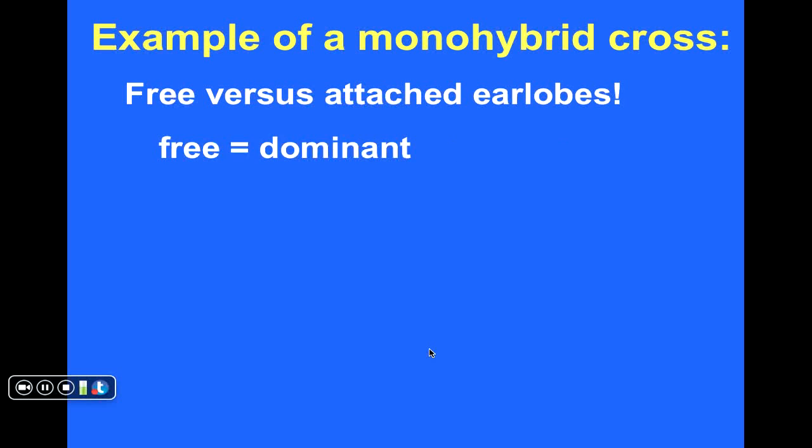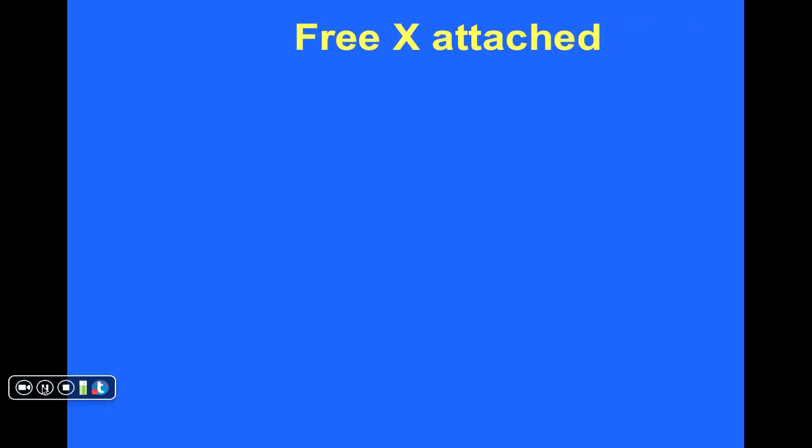If we look at free versus attached earlobes, the alleles that code for free earlobes are dominant to the alleles that code for attached earlobes, which we would then say are recessive. So let's take a look at a situation where we cross two individuals, one that happens to have free earlobes, one that happens to have attached earlobes.